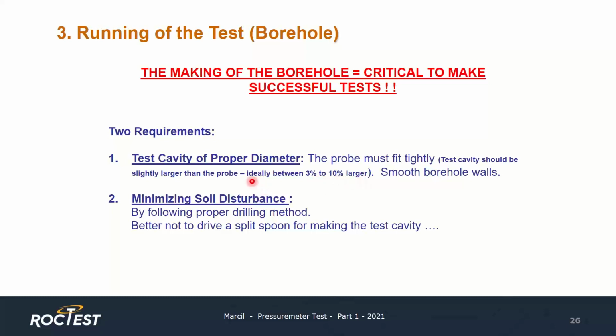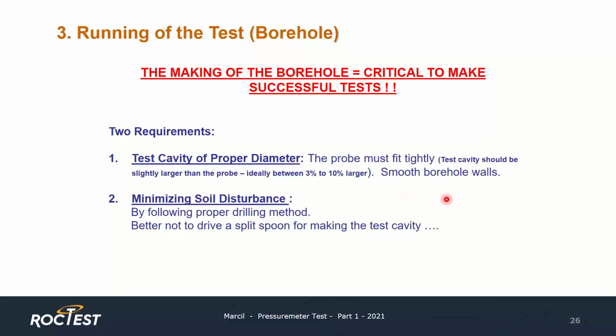If the borehole is too small, the probe will be pushed into the soil, and this will disturb the ground. If the borehole is too large, it won't be possible to complete the test, and you will miss some information about the limit pressure. So by experience, we say that the borehole should be between 3 to 10% larger than the probe.